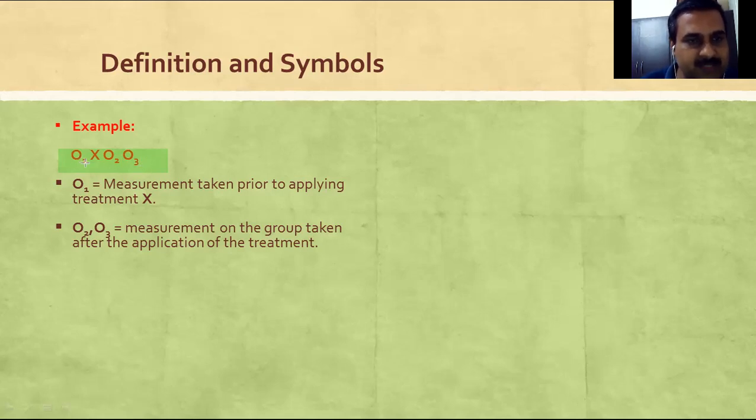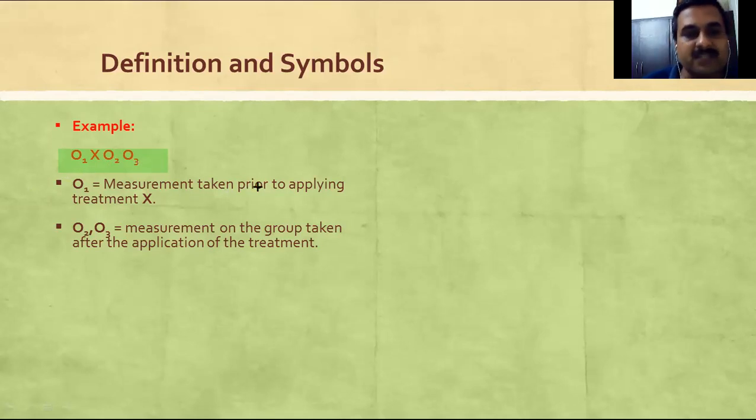First observation was taken. After that, exposure was imposed. Exposure means treatment was implemented. Treatment means sales training, and after that sales training, two observations were taken. O1 is the observation taken before this treatment, sales training, and O2 and O3 are observed after giving this sales training.